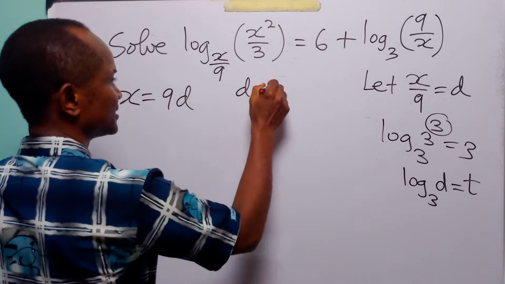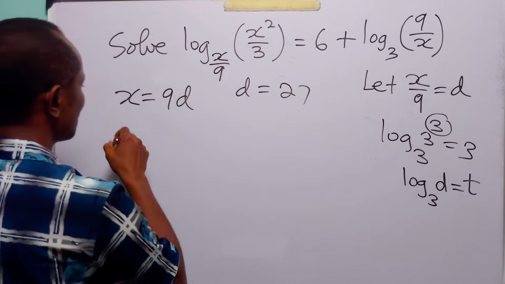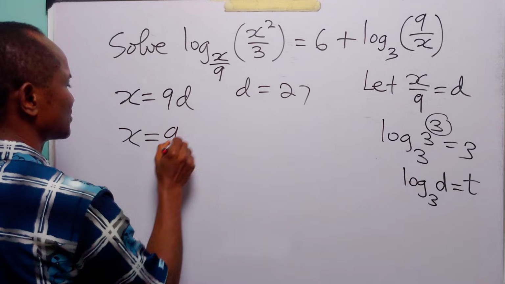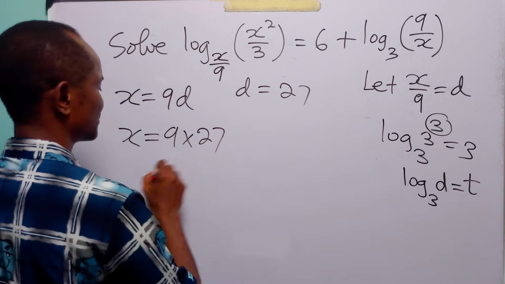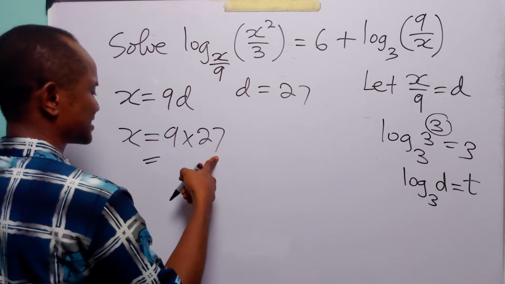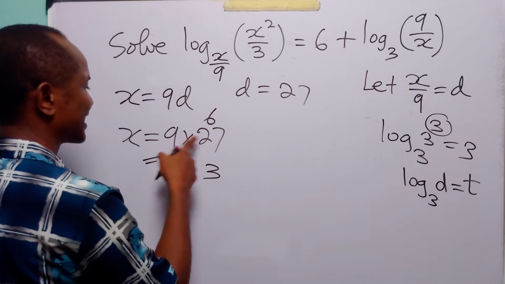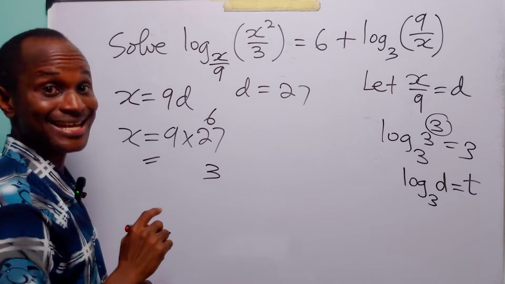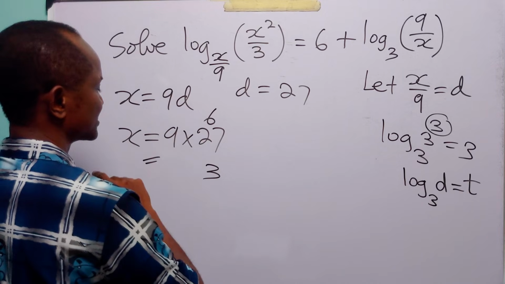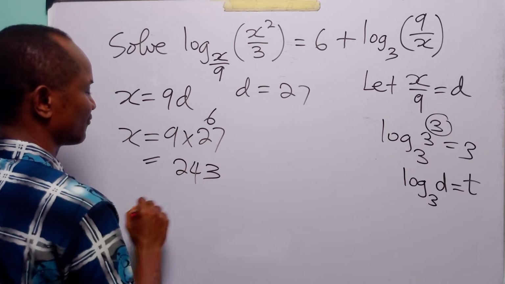So when d is equal to 27, we have that x is equal to 9 times 27. 9 times 7 is 63. 9 times 2 is 18 plus 6, that is 24.